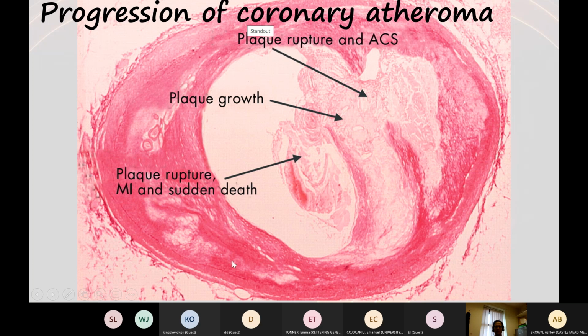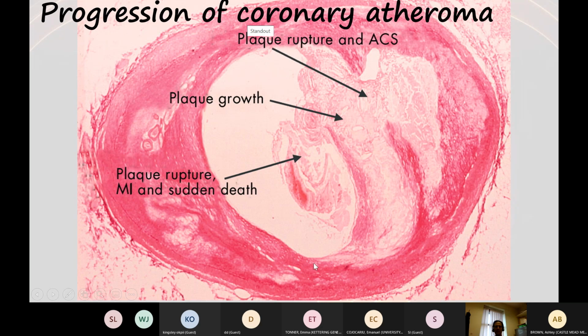But here, can you see this white stuff in here? This is a fatty cholesterol deposits in a plaque. And actually, a lot of plaques develop outside the lumen. So not all coronary artery disease actually leads to narrowing of the coronary artery. It actually means that the wall becomes thicker and full of plaque.